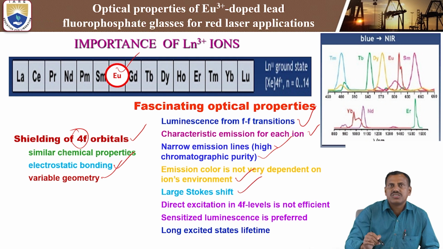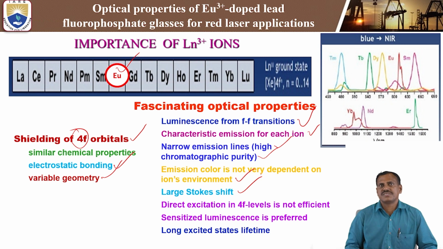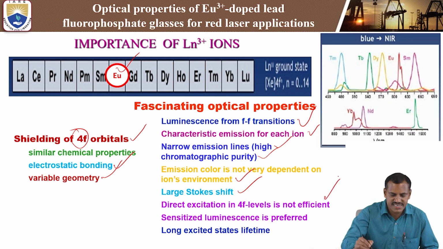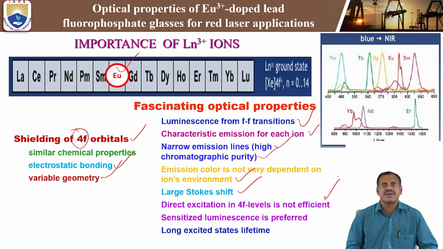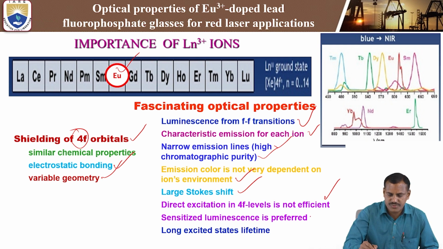Next, large Stokes shift, that means Raman shift, which depends on the rare earth ion. In the case of europium 3+ ions, a large Stokes shift is present. Next, direct excitation in 4f levels is not efficient, so sensitized luminescence is preferred.